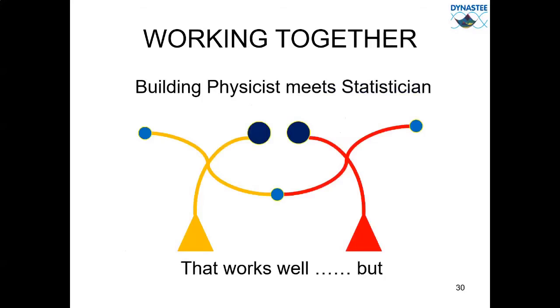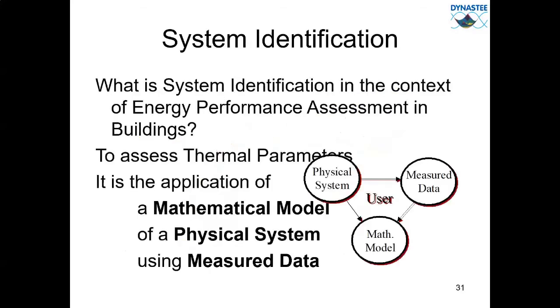So the conclusion of the Dynastee network is that building physicists and statisticians are a good combination to deal with dynamic analysis for the energy performance assessment of buildings, although it is not always easy. The identification of physical parameters of a system in the context of energy performance assessment of buildings is focusing on the assessment of thermal parameters.